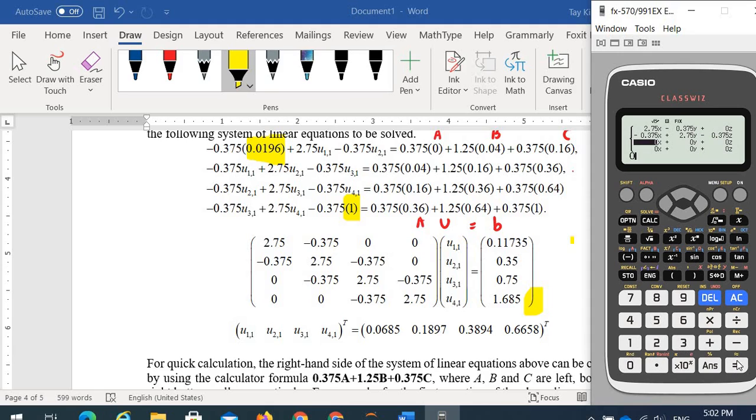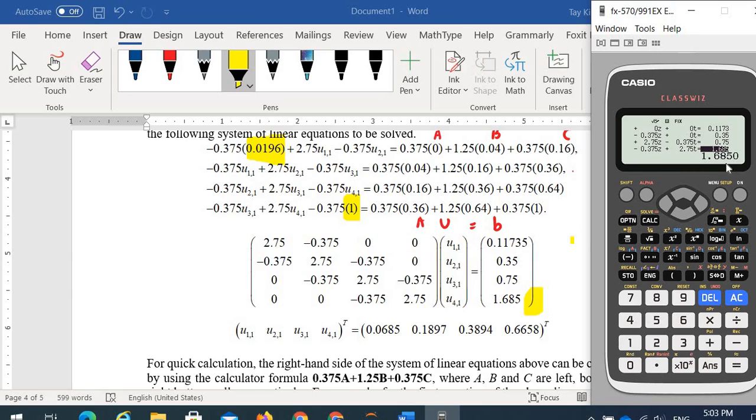Third equation 0, negative 0.375, okay, and then 2.75, okay, negative 0.375, okay, the B3.75. Okay, the fourth row 0, 0, and then negative 0.375, okay, and then 2.75, and then 1.685. Okay, check before you solve it.